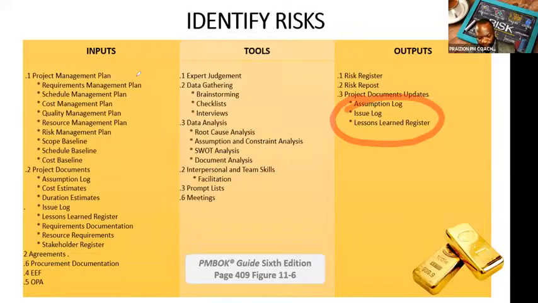It says here on page 418, the lessons learned register can be updated with information on techniques that were effective in identifying risks to improve performance in later phases or other projects. So the PMI, they've added the lessons learned register to the PMBOK guide, and they're very big on always keeping up with whatever is newly identified as value.